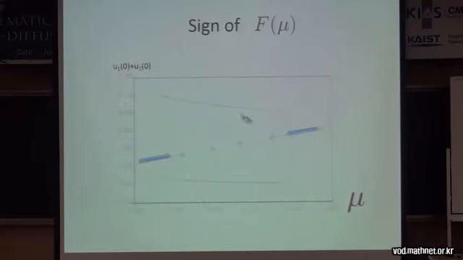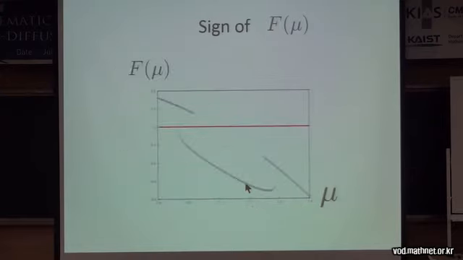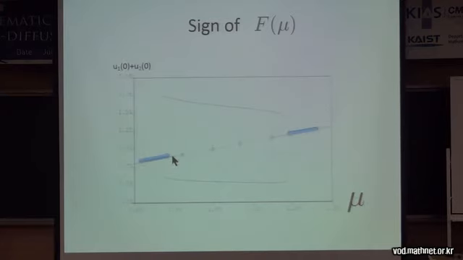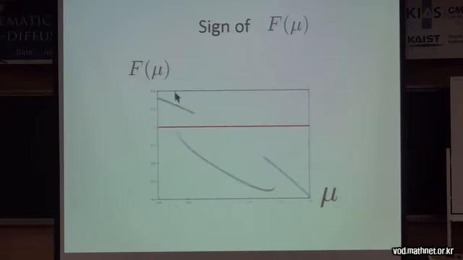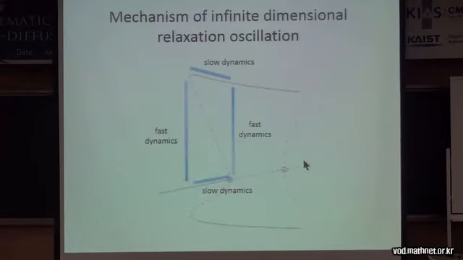Then what is the sign of F mu along these lines? This is also from numerical simulations. Around here it's positive, and it's negative and negative. So this is a summary of the dynamics.